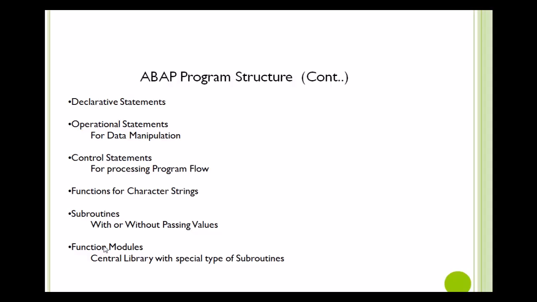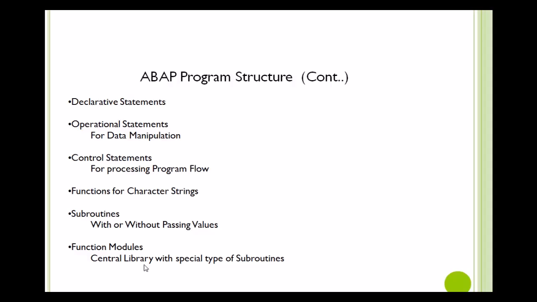And next, function modules. It's a central library which we call external subroutines, a special type of subroutine. There are predefined function modules already created by SAP, which we can call within a program. We can create our own function modules, and also call SAP's predefined function modules, to simplify writing your own business logic.